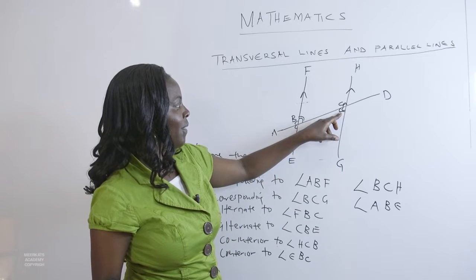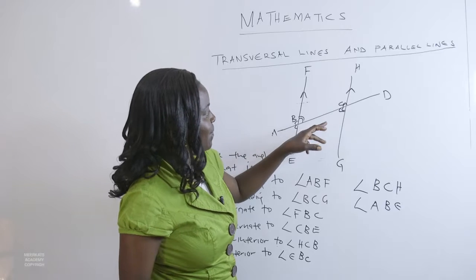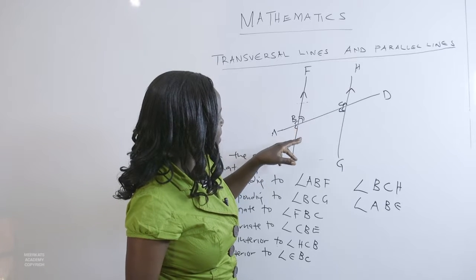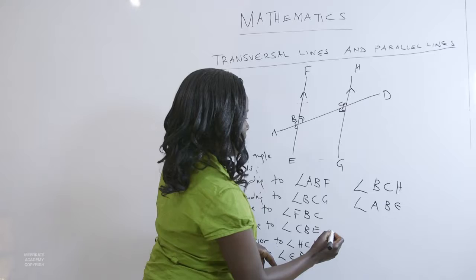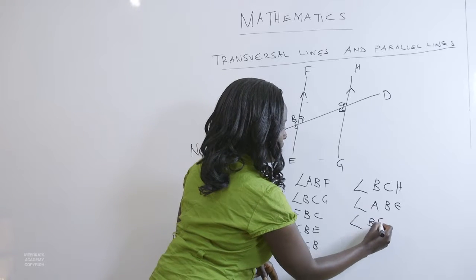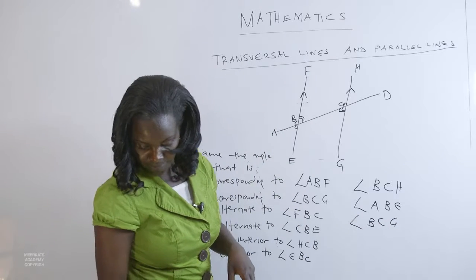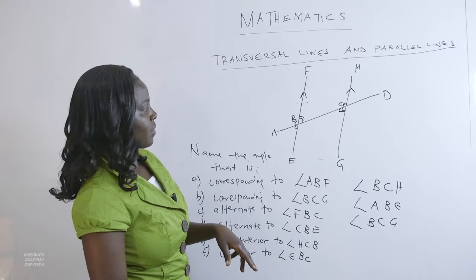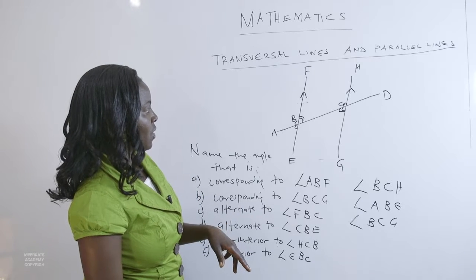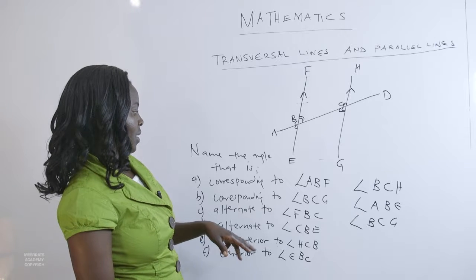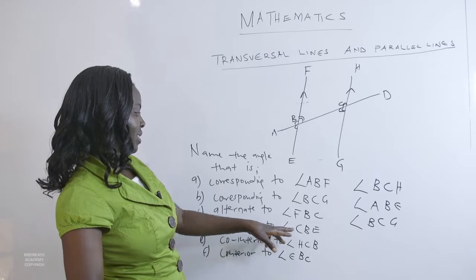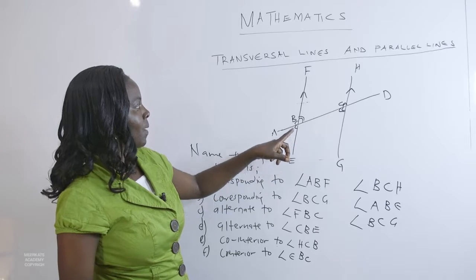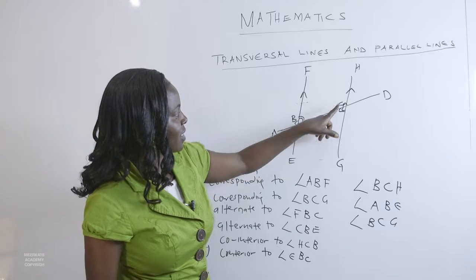What do we call this angle? It is angle BCG. Then an angle that is alternate to CBE. Angle that is alternate to CBE.